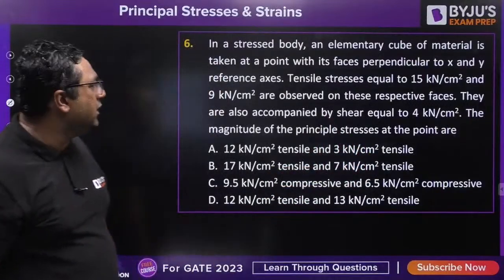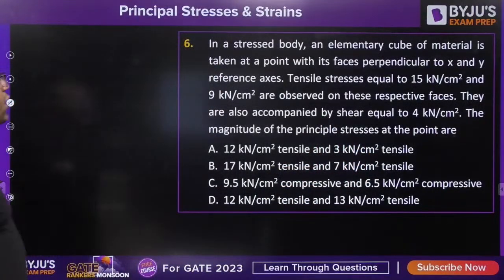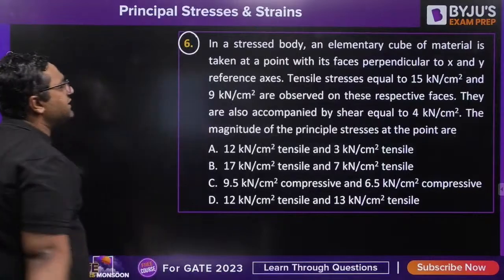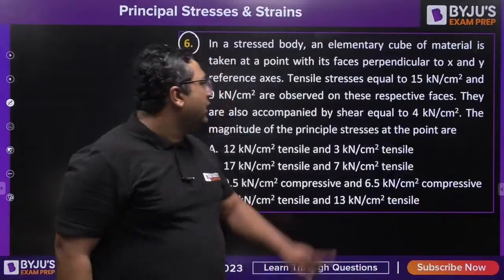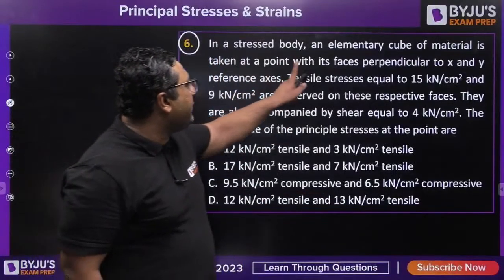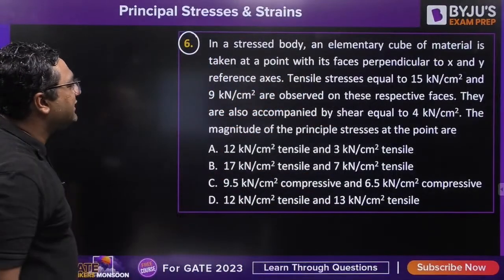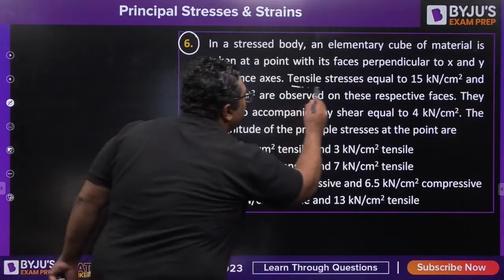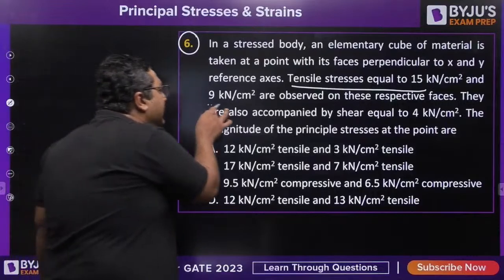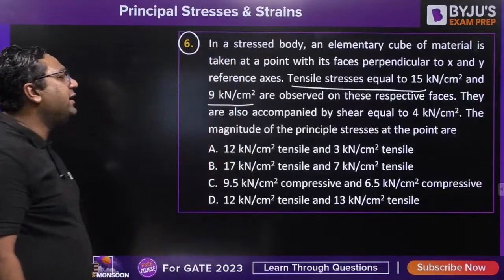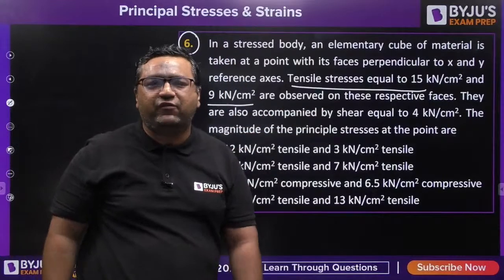Don't worry. So guys, question number 6 now. This is once again from principal stresses. In a stressed body, an elementary cube of material is taken at a point with its faces perpendicular to x and y. Tensile stresses of 15 kilonewton per centimeter square and 9 kilonewton per centimeter square are observed on these respective faces.